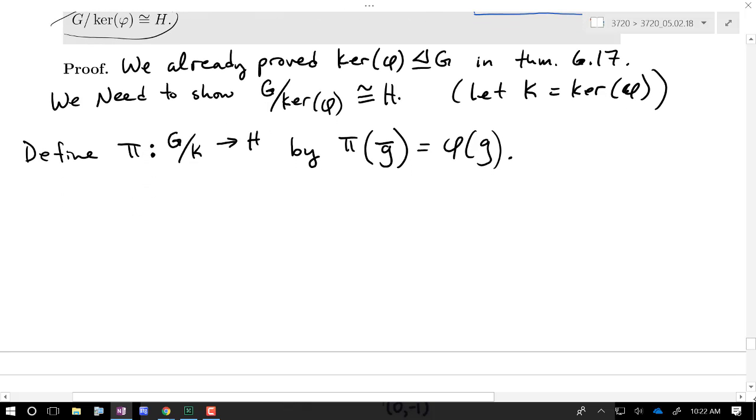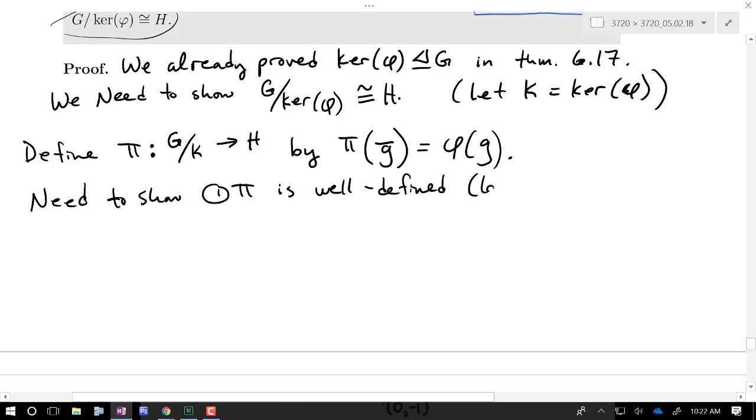Now there are three things that we need to show. Really there are four. One I'm going to leave and put up on Moodle, but I'm going to write it down because it should be addressed. We need to show, first, that pi is well defined. That just means that it is actually a function.